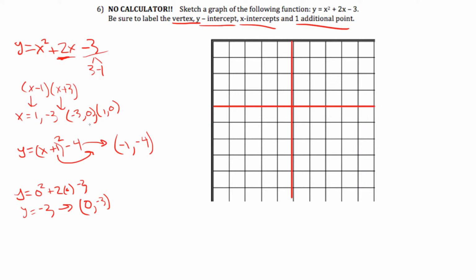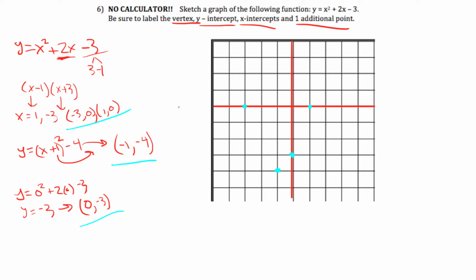So first points, I got my x-intercepts, negative 3 comma 0, so I'm going to go 1, 2, 3, that's that point right there, and I've got the point 1 comma 0 right there. Let's see, I've got my y-intercept 0 comma negative 3, so I'm down here. And finally, I've got my vertex at negative 1, negative 4, which is right there.